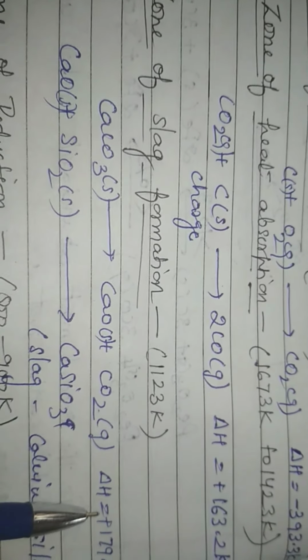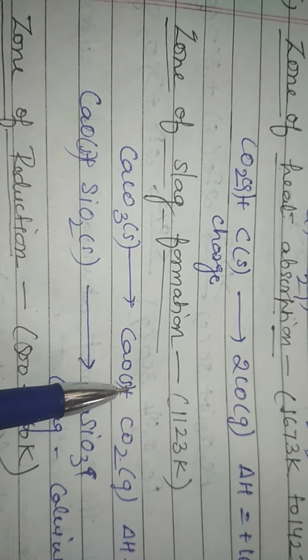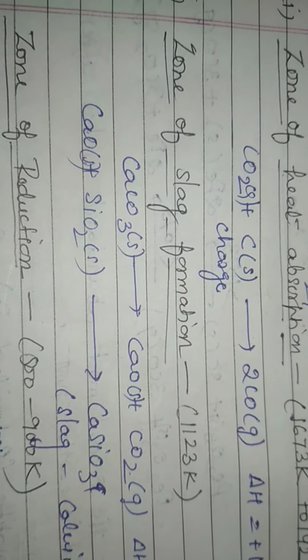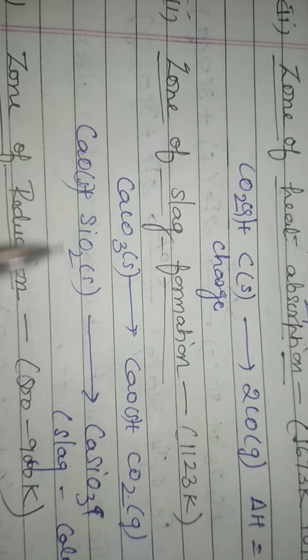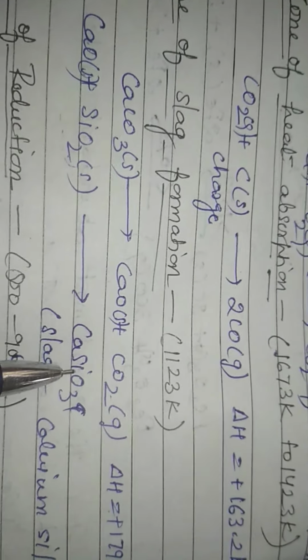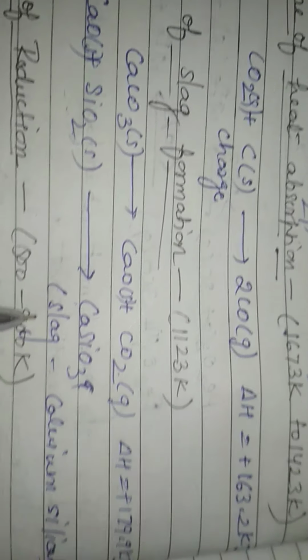It is again an endothermic process, and this calcium oxide works like a flux. It is a basic flux and reacts with the acidic impurity to form the slag, calcium silicate, which would be collected in the hearth.